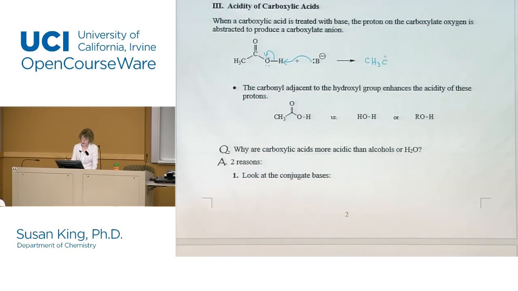That gives you a carboxylate ion. And whatever the base you use, we get the conjugate acid, BH.